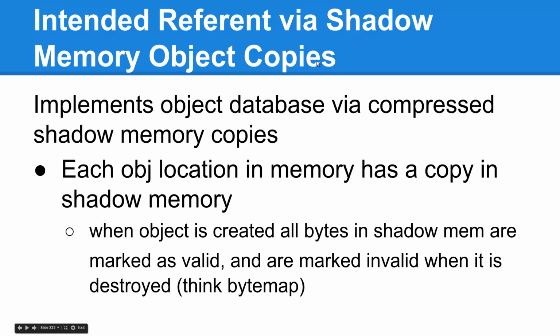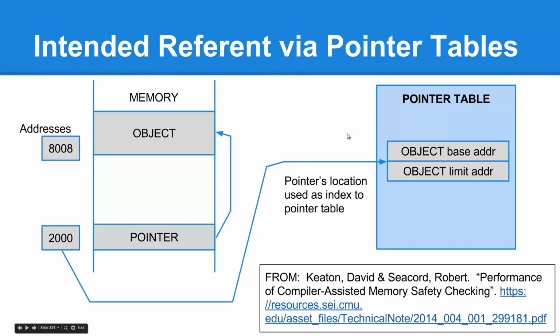There's a 100% memory overhead, in other words, in something called shadow memory, which is just another memory segment that keeps track of things and has a virtual addressing scheme to map directly to how it should work in the actual memory. So, when the object in shadow memory is copied, it's kind of like a taint tracking system. It marks all of those things as valid and marks them as invalid when it is destroyed.